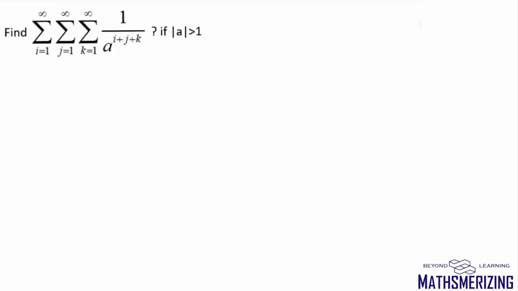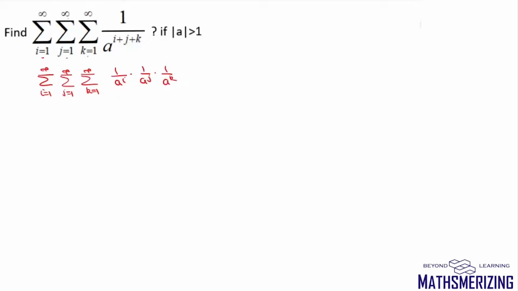Find the triple summation i varies from 1 to infinity, j varies from 1 to infinity, k varies from 1 to infinity, of 1 upon a to the power i plus j plus k. So I can actually express it as 1 upon a to the power i into 1 upon a to the power j into 1 upon a to the power k.